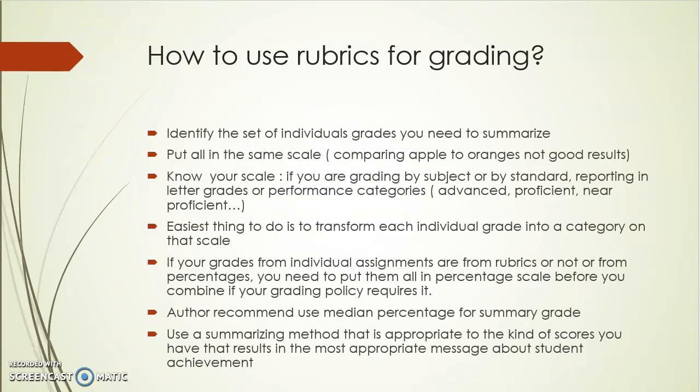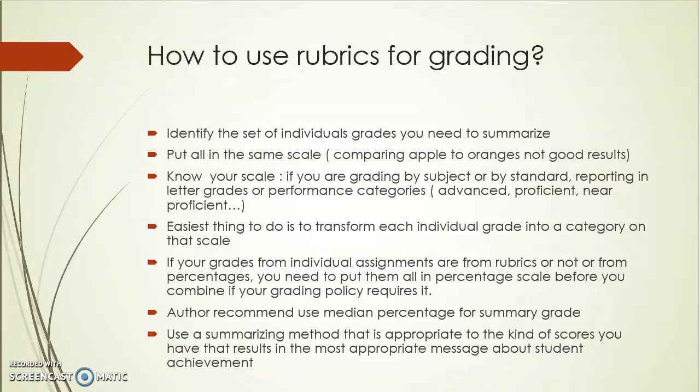She also gives some samples of how to use the rubric for grading. Basically, it's good to identify the set of individual grades you need to summarize, but you have to put them in the same scale. We're not comparing apples to oranges. It's not good. We have to compare apples to apples.